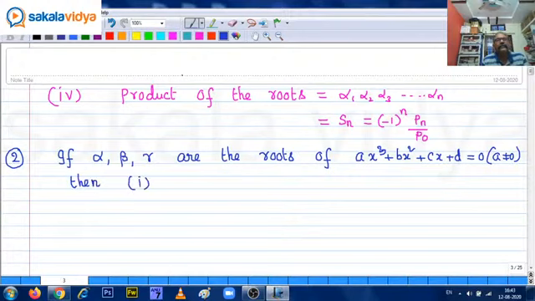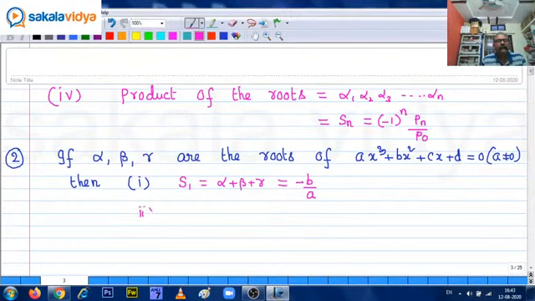All of you concentrate. So here, let us find S1. S1 is equal to alpha plus beta plus gamma. This equals minus the coefficient of x square by x cube, minus b by a.